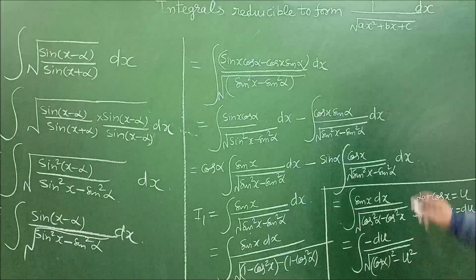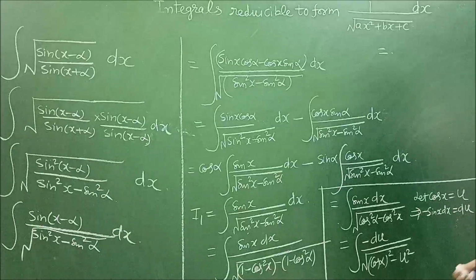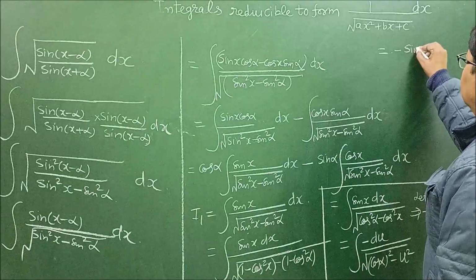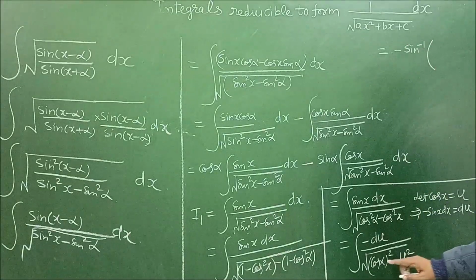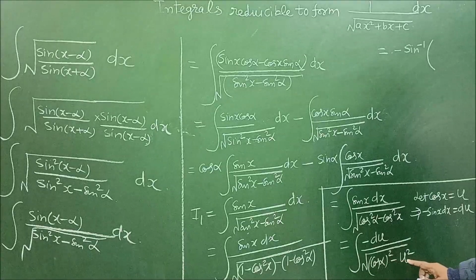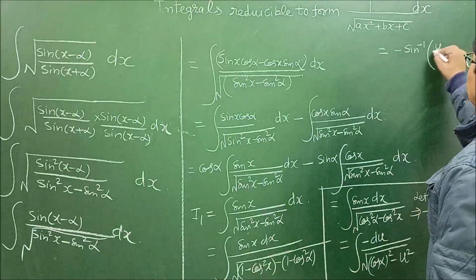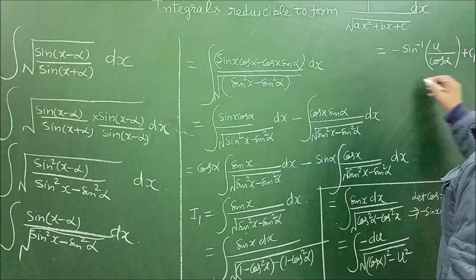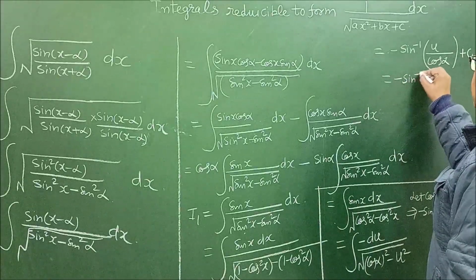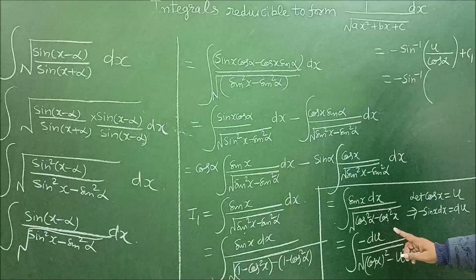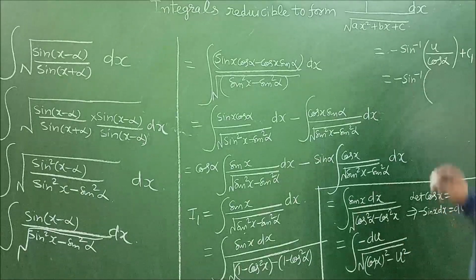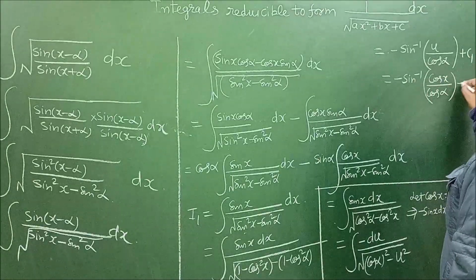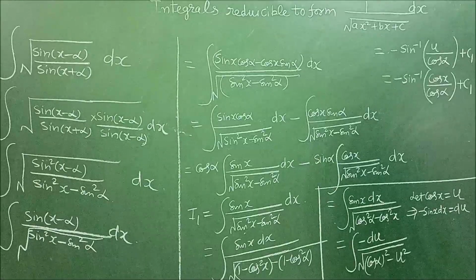So this integral is equal to −sin⁻¹(u upon a), that is u upon cos α, plus C1, or this is equal to −sin⁻¹ u. The value of u is cos x, so −sin⁻¹(cos x upon cos α) plus C1. So we have solved the first integral.